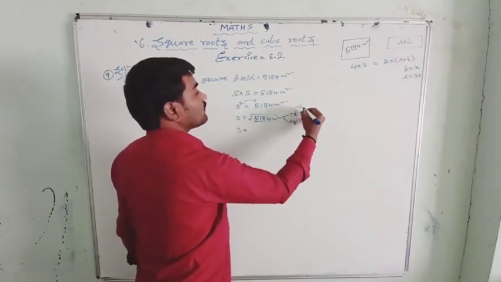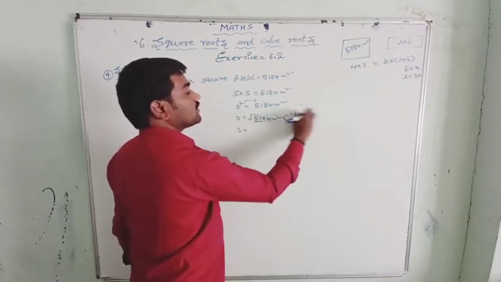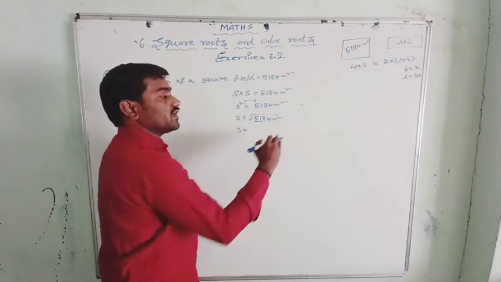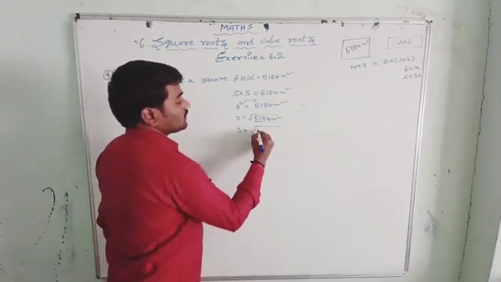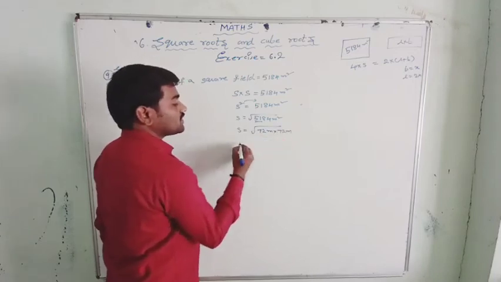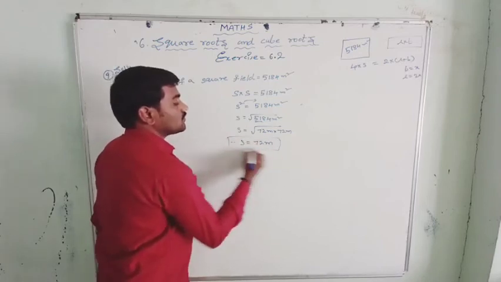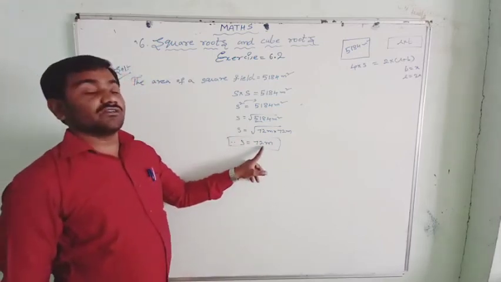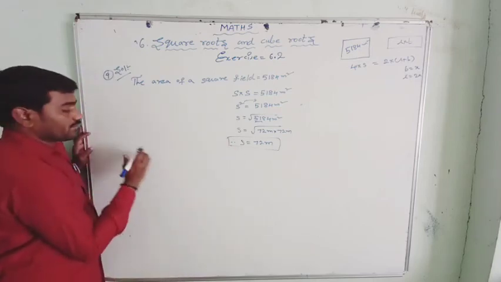Then 7 into 8 is 56, so 72 will come. 72 into 72. I will give you this trick in the end screen. So the square root of 72 meters into 72 meters gives the side, that is 72 meters. So the side of the square is 72 meters.